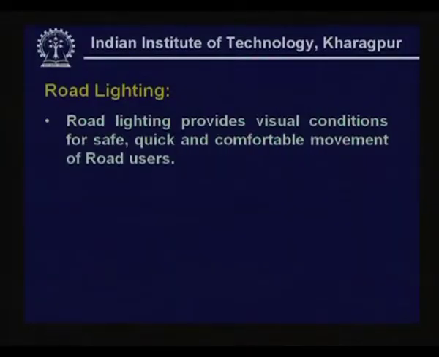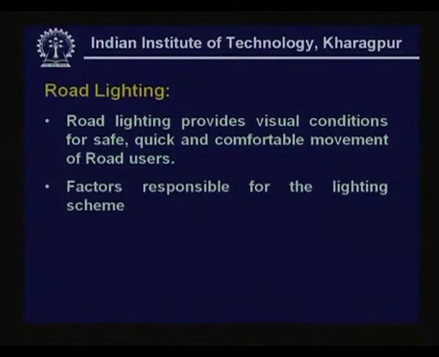the road lighting. The road lighting actually aims at providing good visual conditions for a safe, quick and comfortable movement of road users. Road users consist of vehicular movement, and depending on the nature of the road, it could be a combination of light vehicles, heavy vehicles, pedestrians.